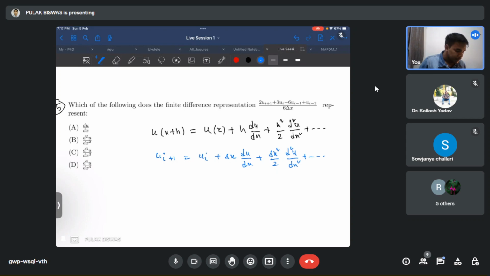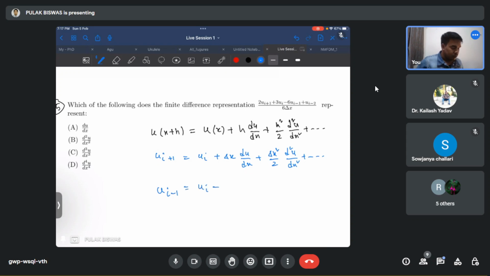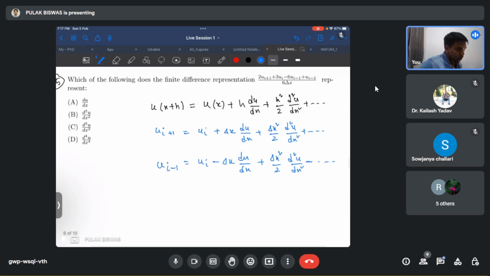It will be coming like for i minus 1, this one will be minus delta x du dx plus delta x square by 2, minus dot dot dot, for u i.